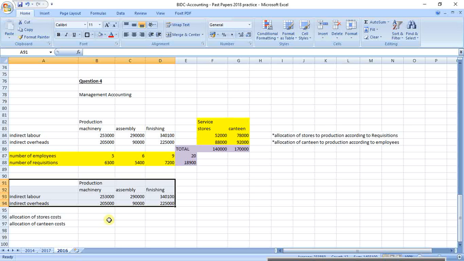Okay, hold part of that. With allocation of stores.